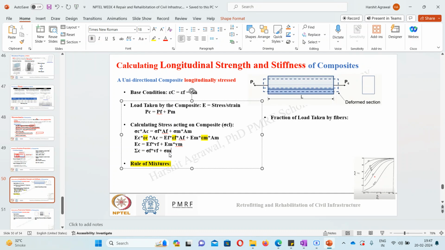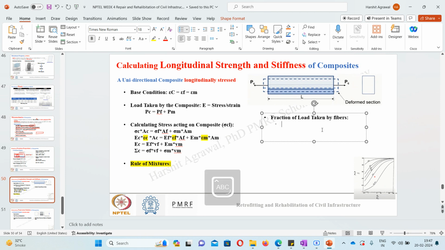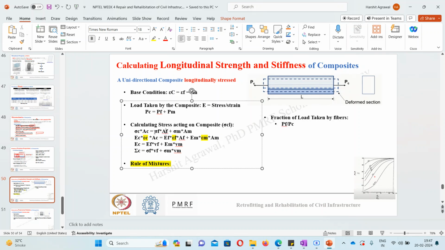Okay, simple calculation. Now if I want to calculate how much load my fiber is taking, it is nothing but PF by PC. Again I will write PF in terms of stress, so PF as sigma F into AF, and I will write PC as the total.